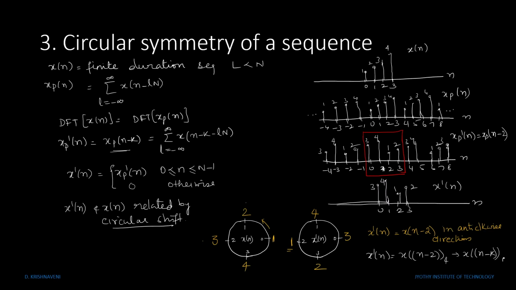So x of n minus k, we call it x of n minus k modulo N, and this is equal to x of n minus k plus capital N. That means whatever is there in this bracket, plus N we have to do. So x dash of n is in general x of n minus k modulo N, which is x of n minus k plus capital N.